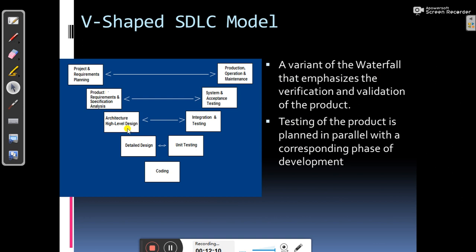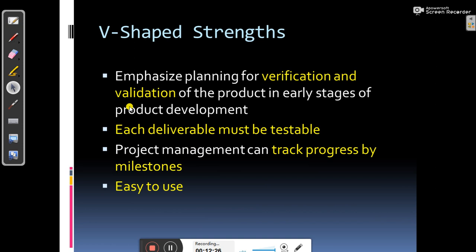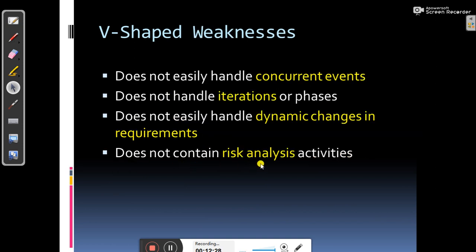If you change something dynamically, or do iterative or concurrent work in some phases, then it will be a problem to verify or follow the V-shaped SDLC model. It also does not contain risk analysis activities.